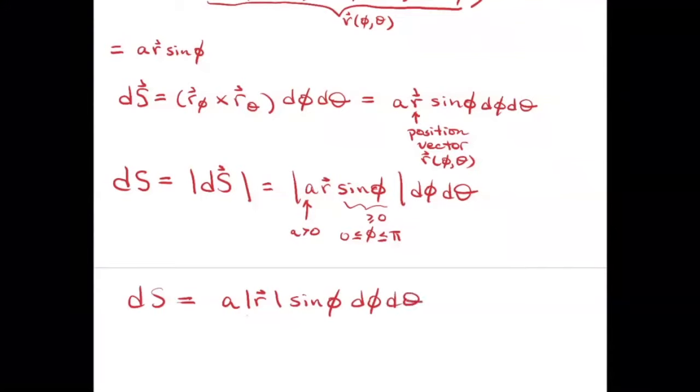And what's the magnitude of r on a sphere? Anybody want to take a stab at that? Now remember, this is a surface integral. You live on the surface. You're not inside the sphere, you're on the sphere. And what's the radius of the sphere? That would be the magnitude of r.